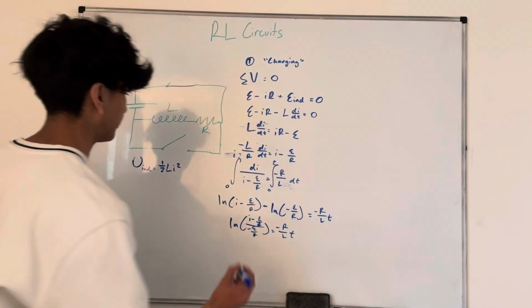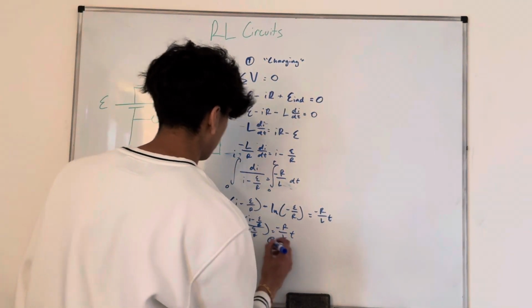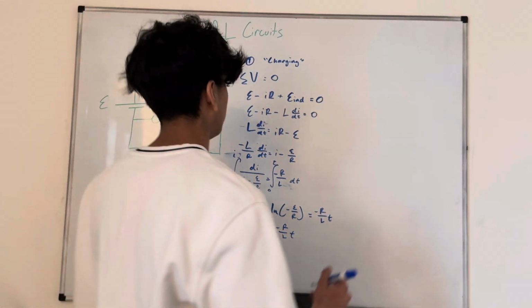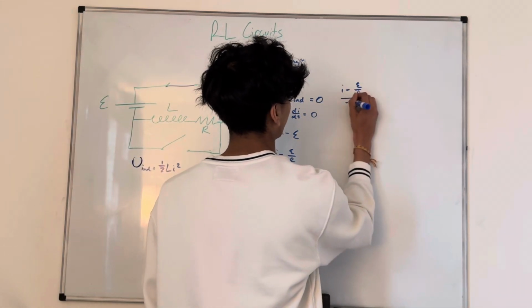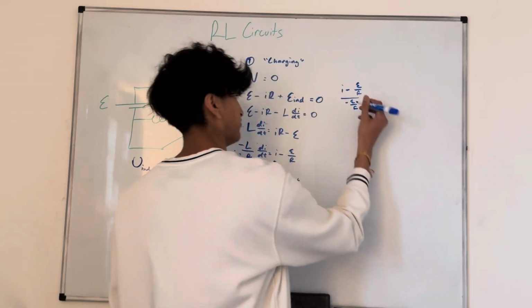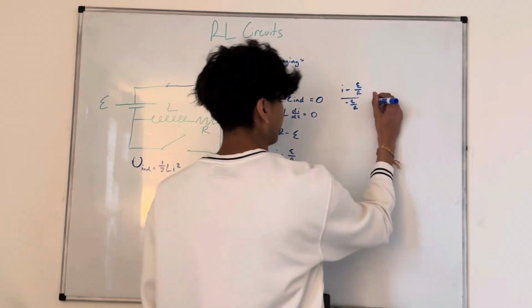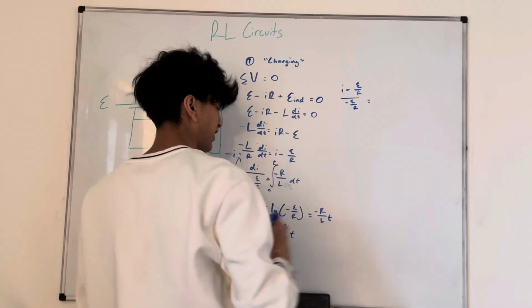Hopefully this is not a terribly forgotten derivation. I can take both sides to the power of e. So then I get I minus EMF over R over negative EMF over R equals e to the negative R over L times time. I'm laughing because I hate writing EMF over R. I guess I could call it max current, but we'll talk about that in a second.